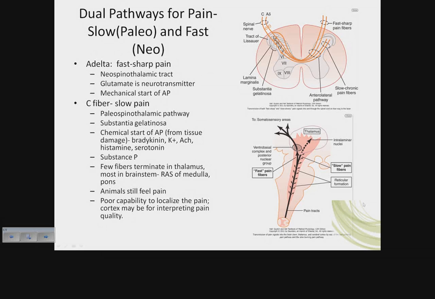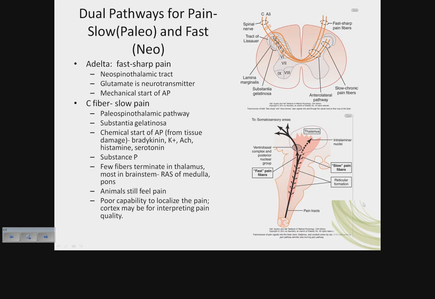The A delta fiber that I just introduced to you is part of the fast pathway, the neospinothalamic. Neo meaning more new, newer in evolutionary time. The C fiber, smaller, unmyelinated, is going to convey information that will be interpreted by your brain as the more burning, throbbing, aching pain. This is the paleospinothalamic pathway.